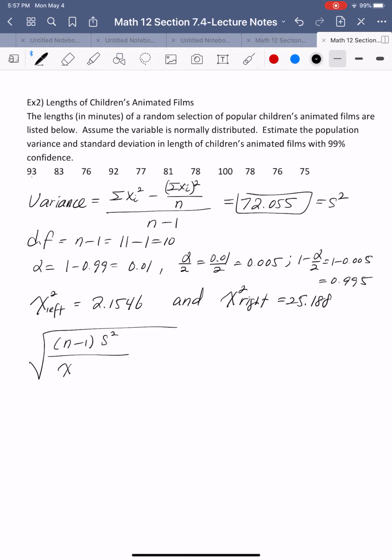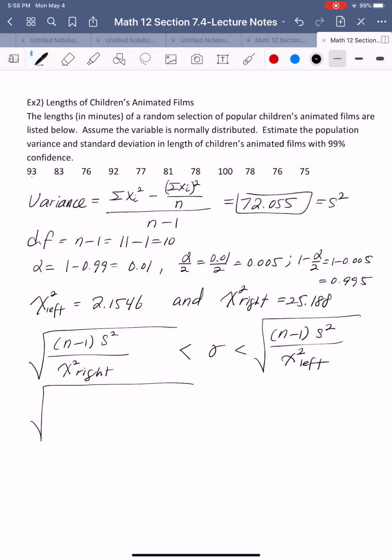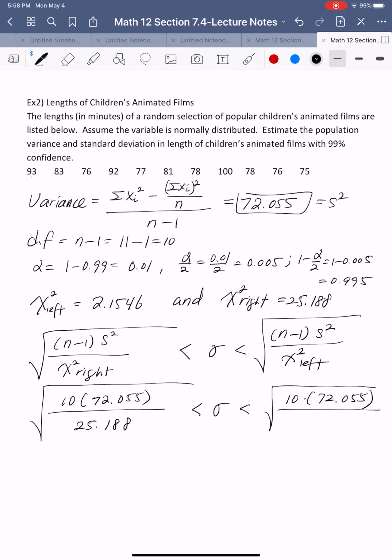I'm using the square root to find the standard deviation: the square root of n minus 1 times s squared over chi square right, less than sigma, less than the square root of n minus 1 times s squared over chi square left. Plug it in: n minus 1 is 10, times s squared, 72.055, over chi square right, 25.188, and then 10 times 72.055 over chi square left, 2.1546. Simplify, and I get 5.349 less than sigma less than 18.281.